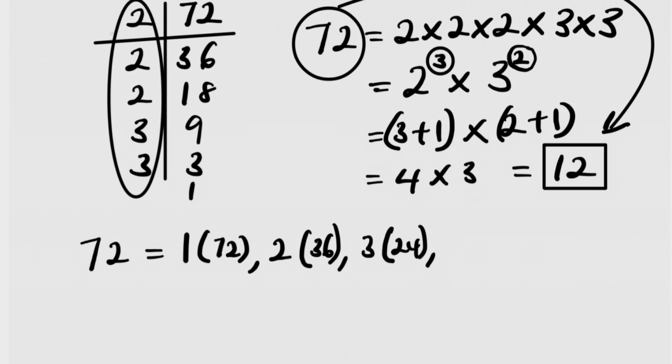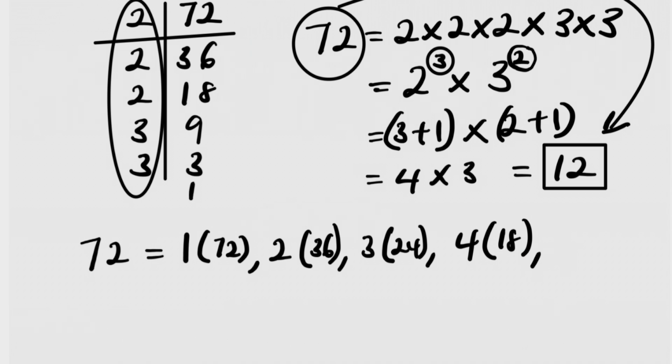Then can we have 4? Yes, because when we combine these two, it gives us 4. So 4 multiplied by, since the combination of these two gives 4, we have to multiply by 2 times 3 times 3. So 2 times 3 times 3 gives 18.